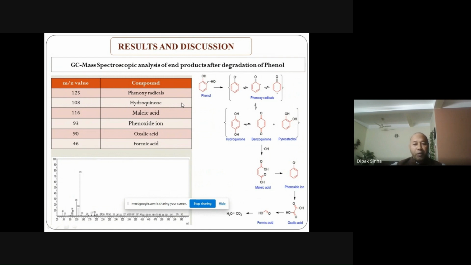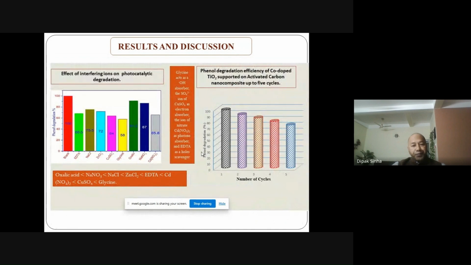What is actually forming in between is very difficult to identify. But we went for GCMS, and from the mass spectroscopy we could find the formation of peroxy radicals, hydroquinone, malic acid, phenoxide ion, oxalic acid, and formic acid, which ultimately lead to water and carbon dioxide. These are the different products we got from our GCMS.